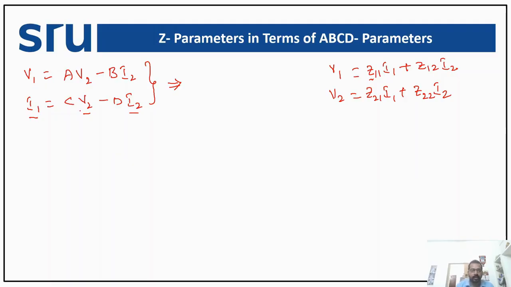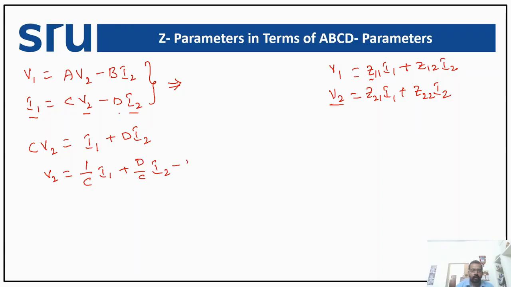So let us keep C V2 on the left hand side. C V2 is equal to, sending this particular term to the other side, I1 plus D I2. But in the left hand side we want only V2, so dividing this equation by C on both sides, we get V2 is equal to 1 by C I1 plus D by C I2.